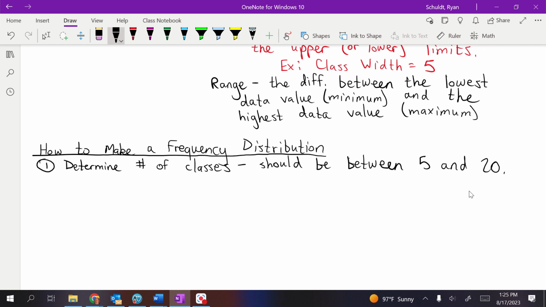What I will say about this is, as far as this class goes, you really won't have to worry too much about step number 1, because I will tell you to create this distribution with this many classes. So you'll just need to read the problem and say, hey, he said create a distribution with 7 classes. Okay, step 1's done. 7 classes.